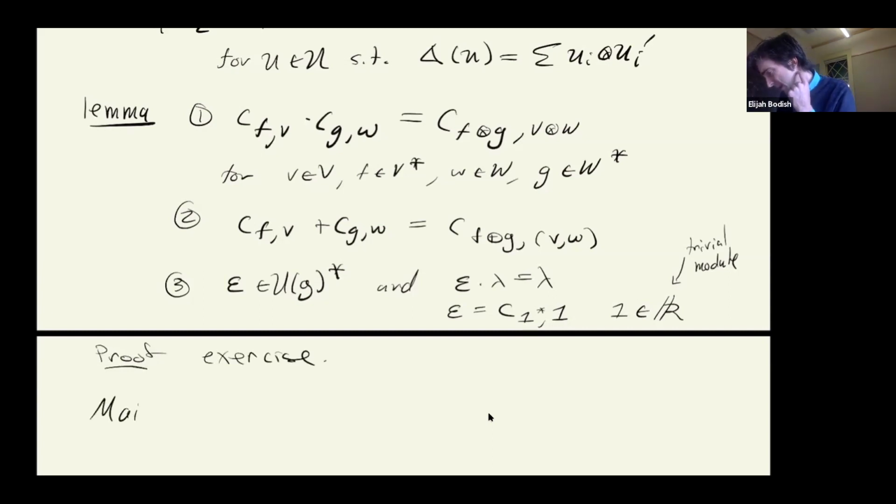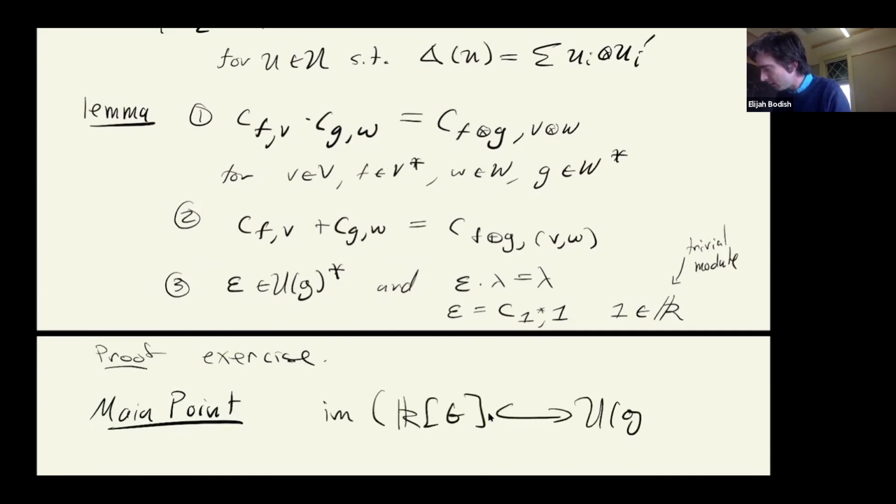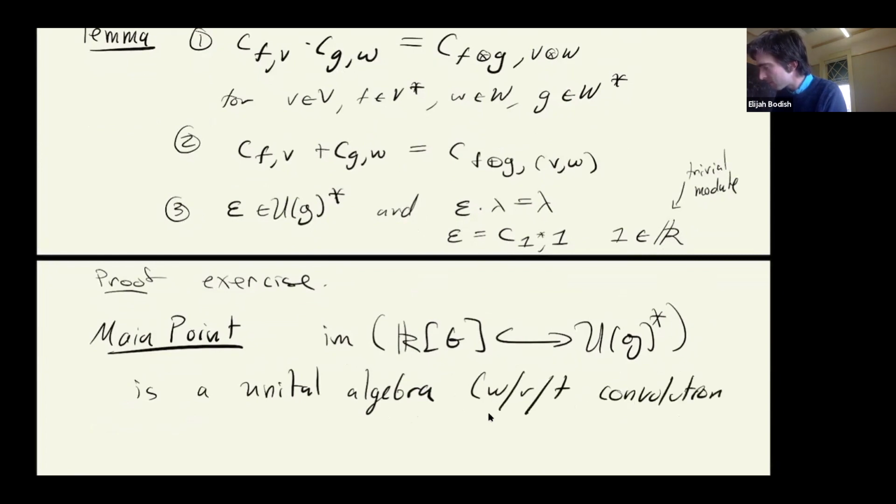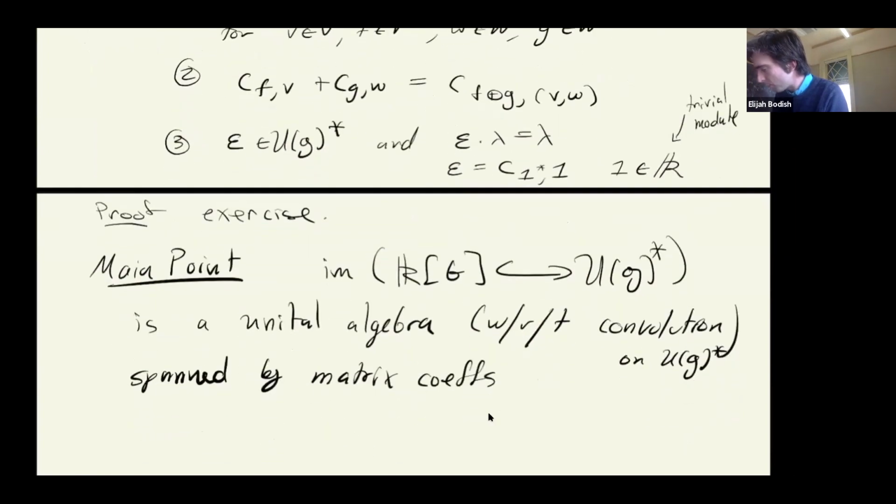And so the main point of all of this is that now we can describe, let me just reiterate what Yvonne said, the image of K of G in U of G star as a unital algebra with respect to this convolution product, spanned by matrix coefficients of all finite dimensional U of G modules.